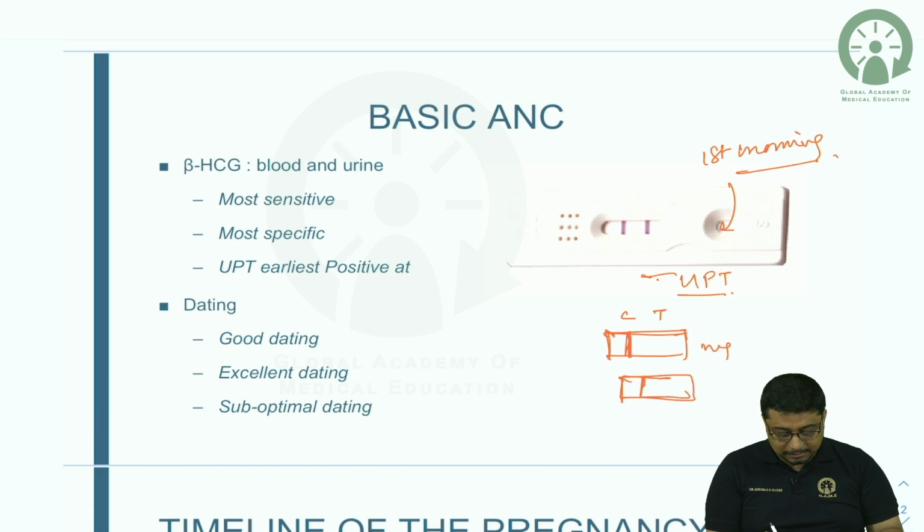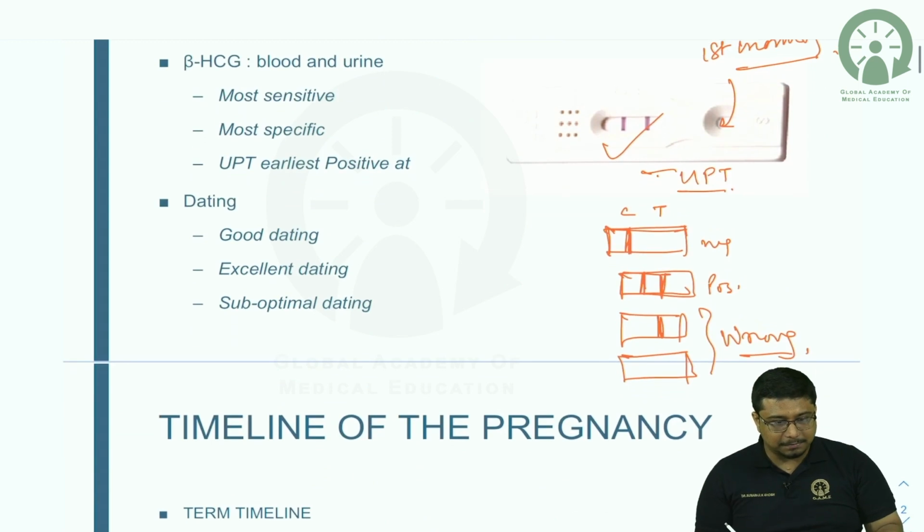If you see two lines, control and test, then it is positive, like here. If there are no lines, or there is a line on the test but no line on the control, then this is a wrongly done test or a wrong kit, right?